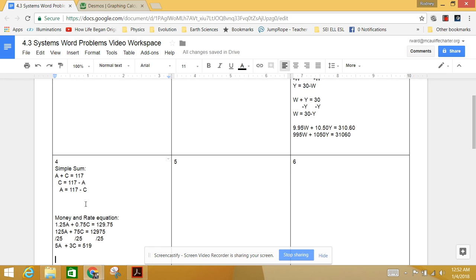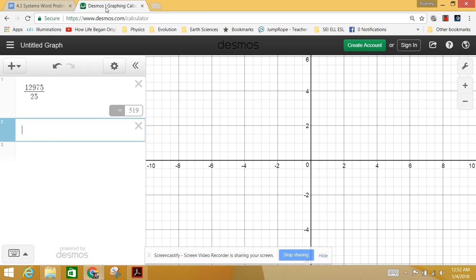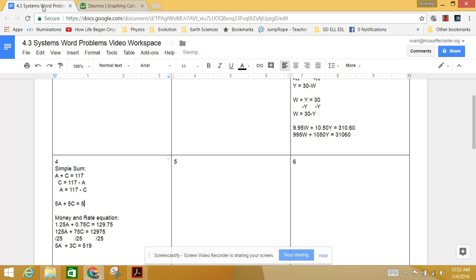If you recall down here, I've got 5A and 3C. I could multiply everything by 5, so I get 5A plus 5C equals 117 times 5, which is 585. So I have equals 585.